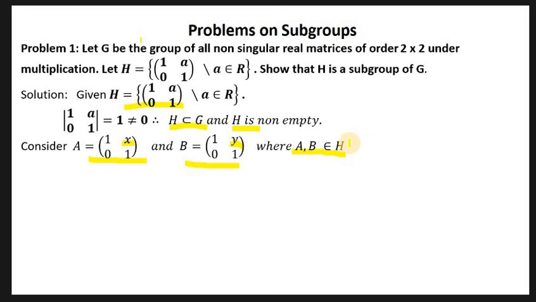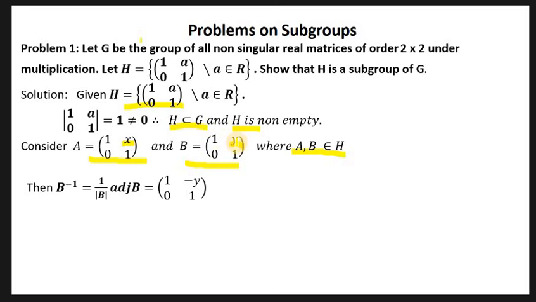To find B inverse, let us take the formula: B inverse is equal to 1 by determinant of B times adjoint of B. To find the adjoint of B, we have to find the cofactors of the matrix B and take the transpose of that. First row, first element: 1 plus 1 is 2, so it is positive.